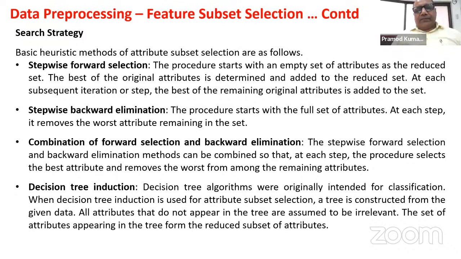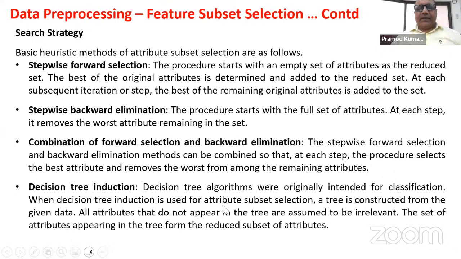When the tree is completed, you will get the features in the tree. The internal nodes will be the features, and these features are the relevant features. All other features are redundant or irrelevant. Okay, and that is what we have to do. So we can use the decision tree, a classification algorithm, also as a feature selection algorithm.